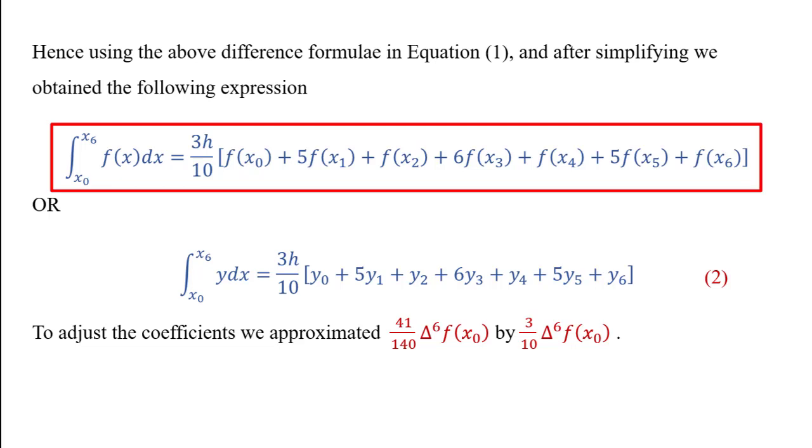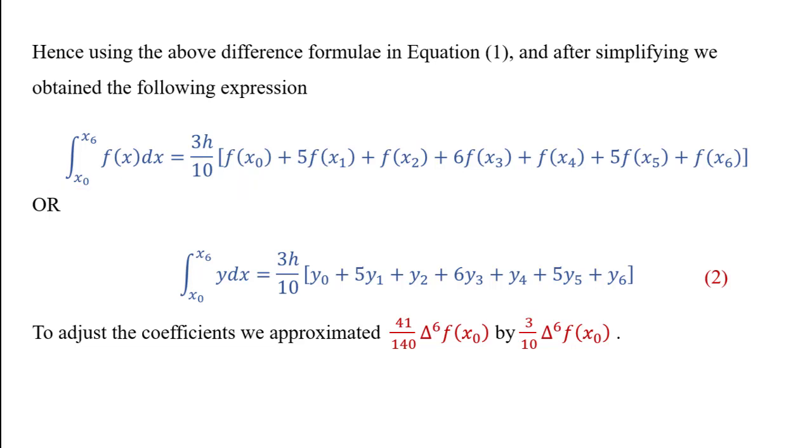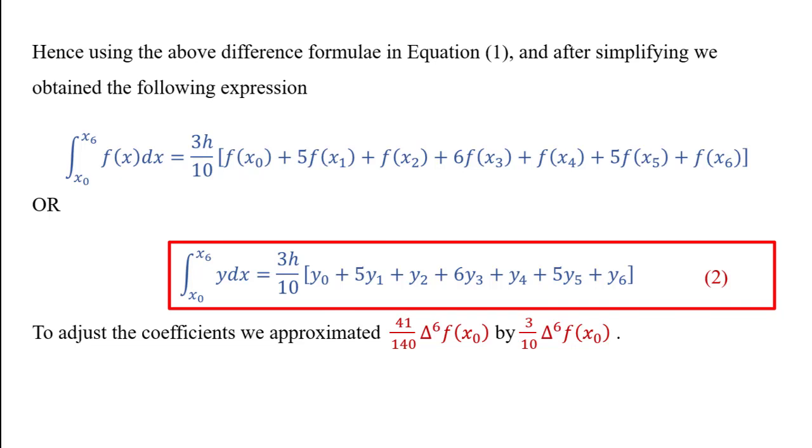So in short form you can write it as 3h over 10 times y0 plus 5y1 plus y2 plus 6y3 plus y4 plus 5y5 plus y6.